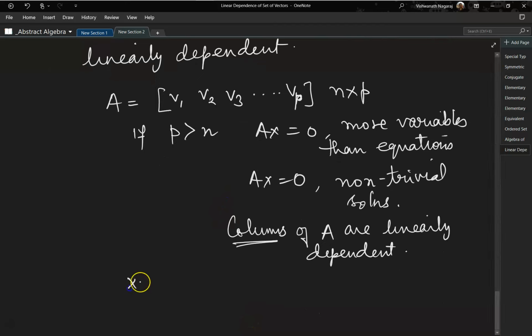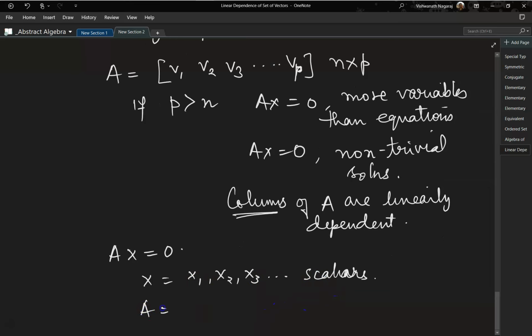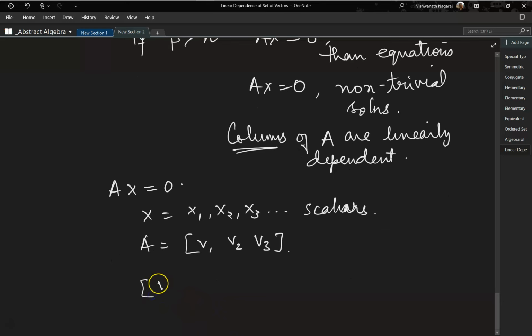Remember here x in Ax equal to 0, x is nothing but x1, x2, x3 and so on. These are the scalars, and A is the set of vectors. So we will have v1, v2, v3, and we will have x1, x2, x3 equal to 0, 0, 0.